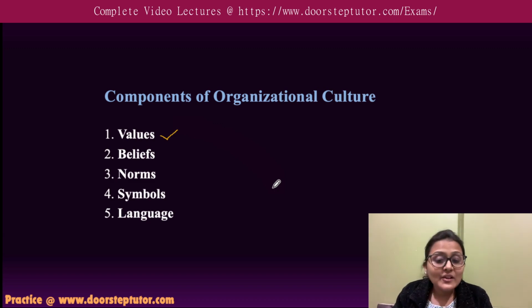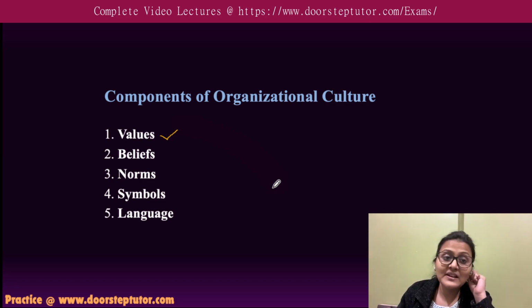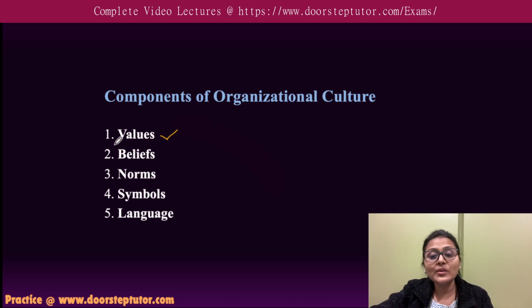Values are the basic beliefs and principles that are going to guide how the operations of the organization will be done, and the way that decisions will be made in the organization. They represent what the organization considers important and provide a sense of purpose.